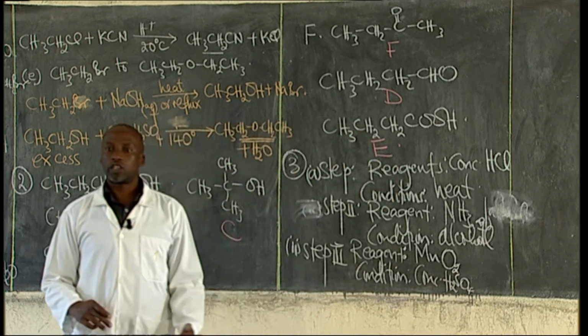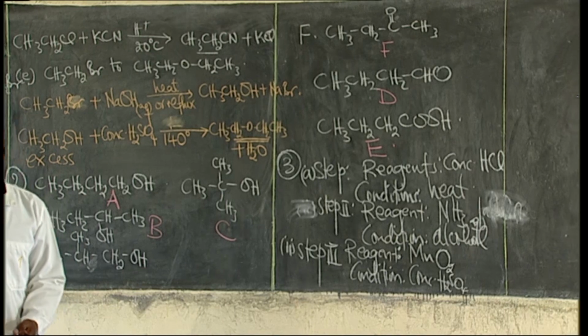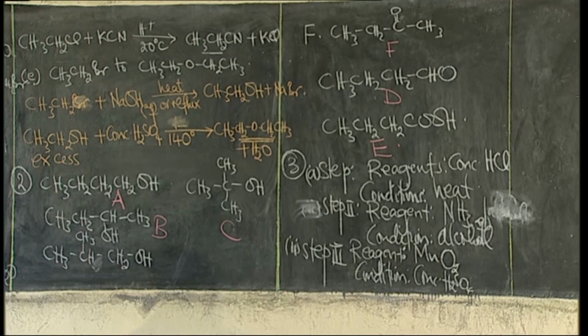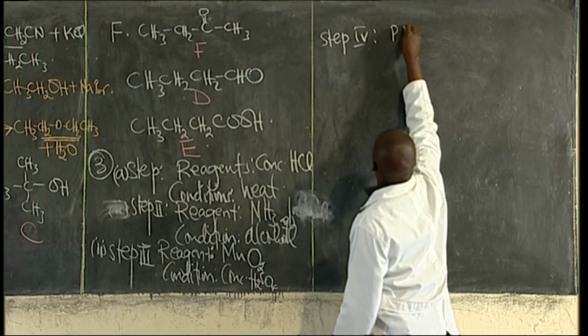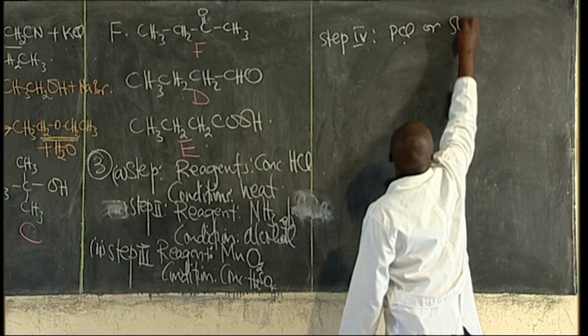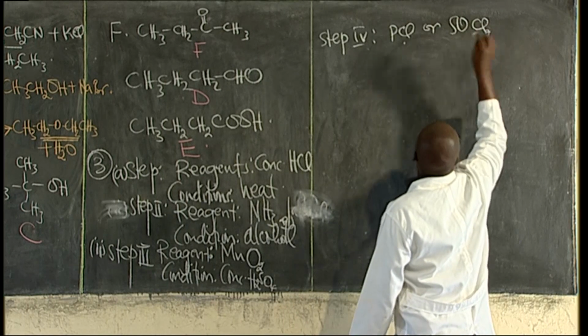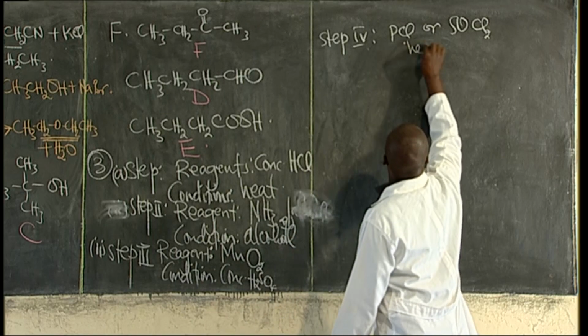This is a weak oxidizing agent. So when you go to step number 4, from a carboxylic acid to acid halide, that is phosphorus chloride or sulfur dichloride oxide. And you need to heat.